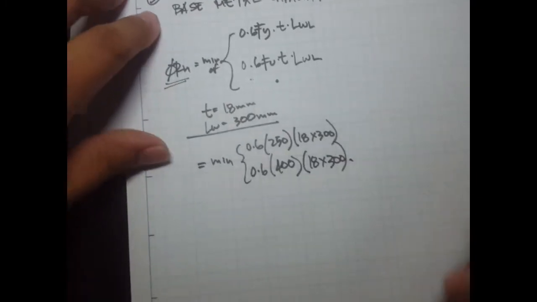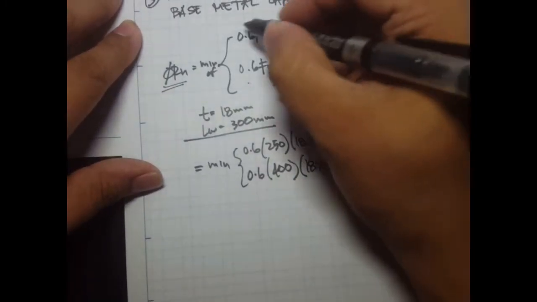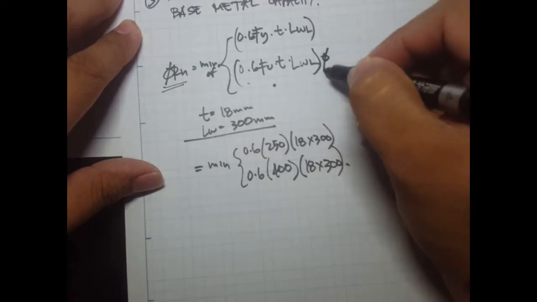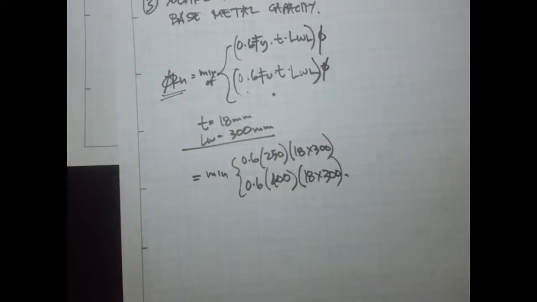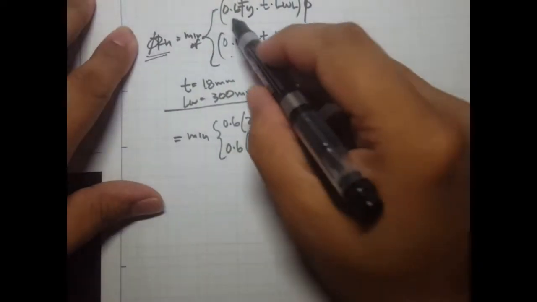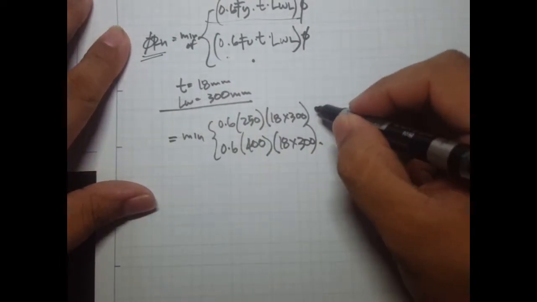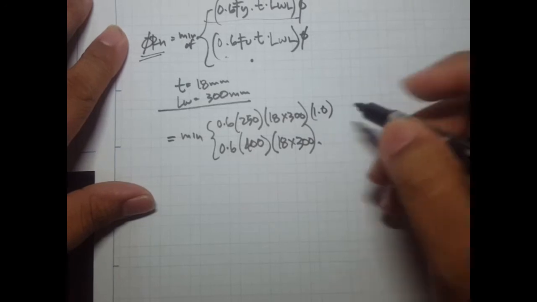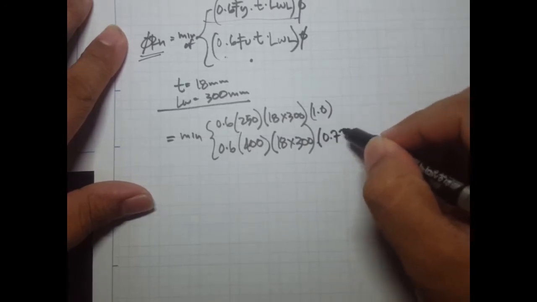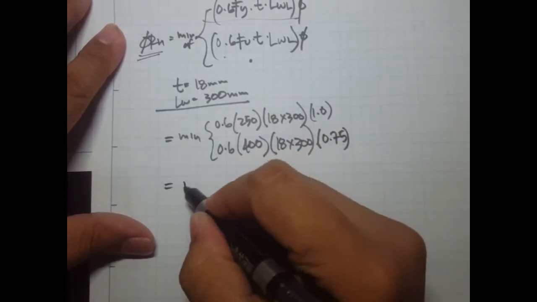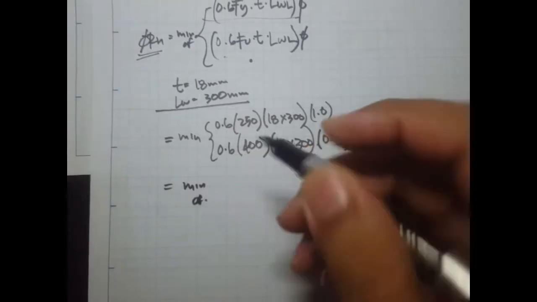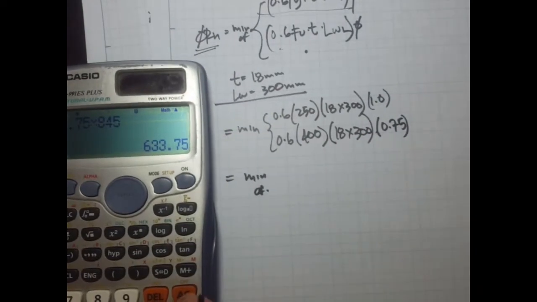Okay, so we're actually missing the reduction factor. We should multiply this by the corresponding reduction factor. For this shear yielding, if I remember correctly, that's 1.0, and this one is 0.75. Okay, so now let's do the math.